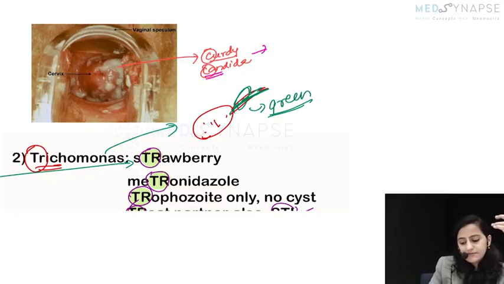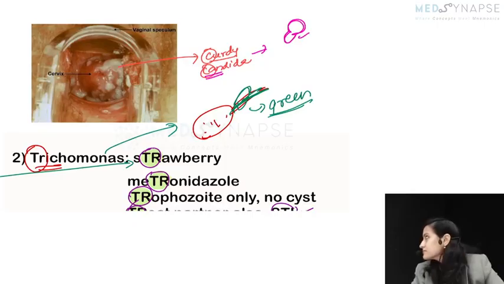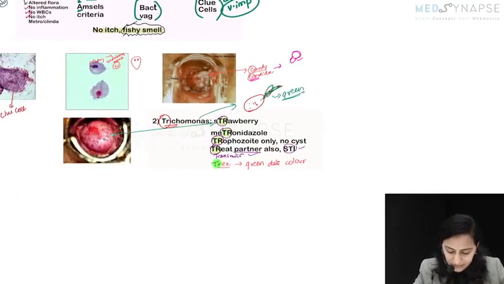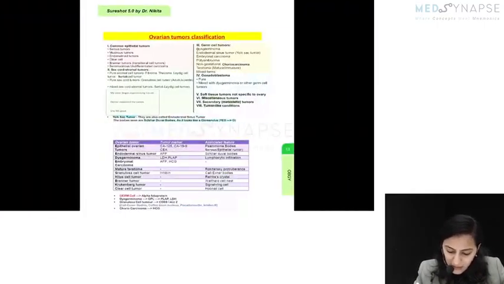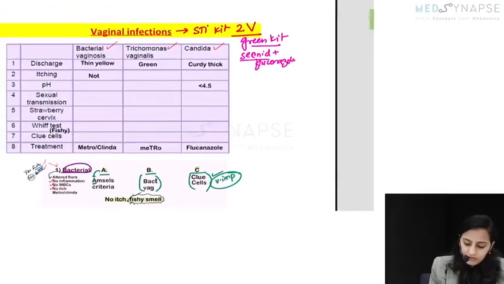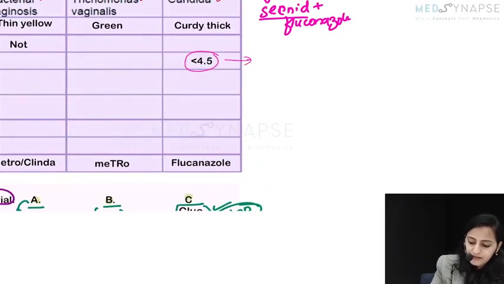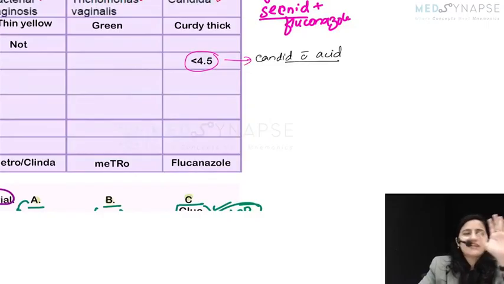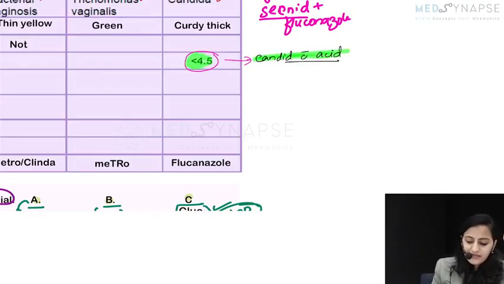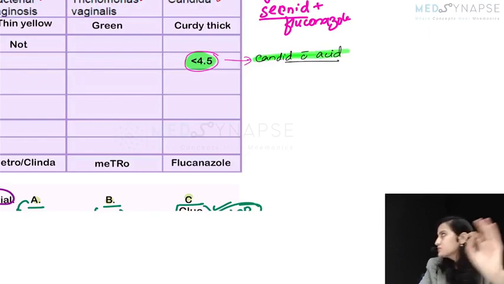Candida albicans, the Reynolds-Braude phenomenon, the germ tube formation. So Candida is the one which has acidic pH less than 4.5. Remember Candida is very candid with acid. It likes the acid. Acidic pH is Candida. Candid with acid.